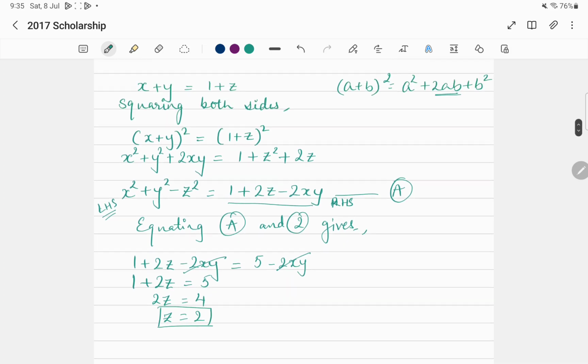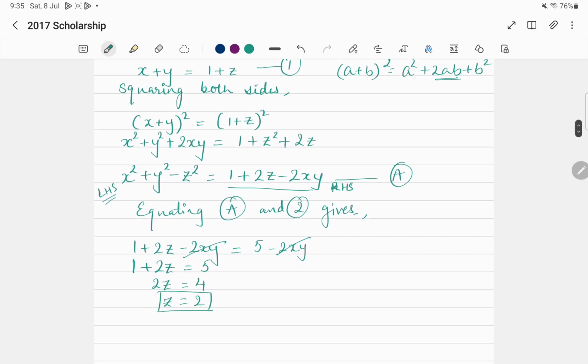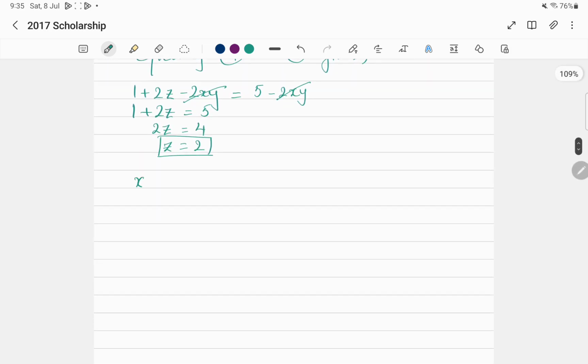Right? Now let's see the third equation. So the third equation is x cubed plus y cubed. We will again start with the first equation and cube it this time. Instead of squaring, we're going to cube it. So we have x plus y is equal to 1 plus z, right? And we are cubing this time.